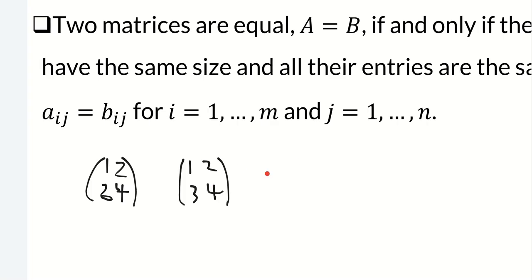Then I can have another one, which is 10, 11, 12, and 13. You tell me that this is equal to that, but this is different. Why? They have the same dimension, the same size, but the entries are not equal.